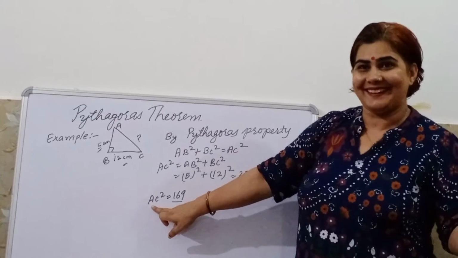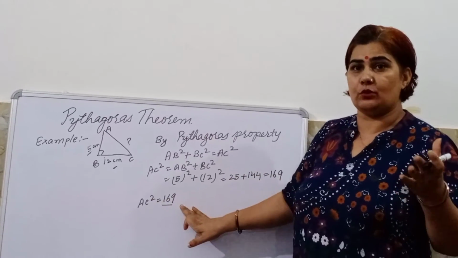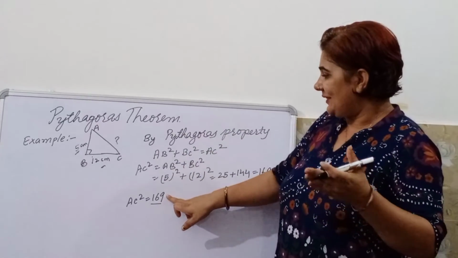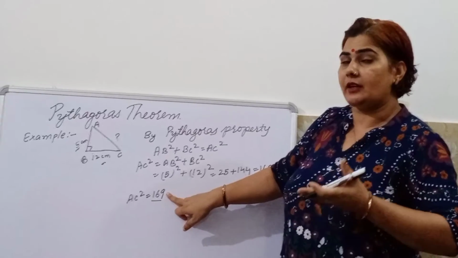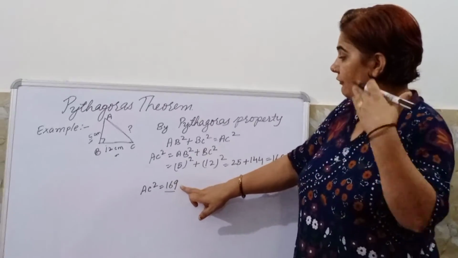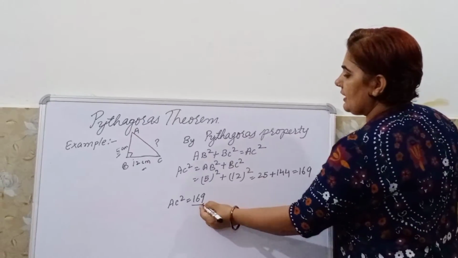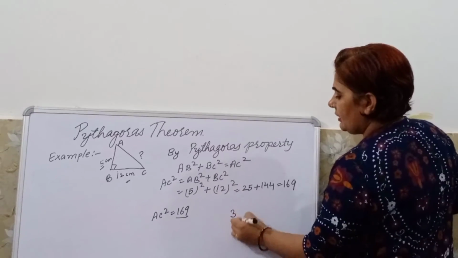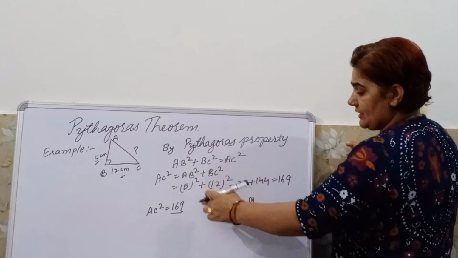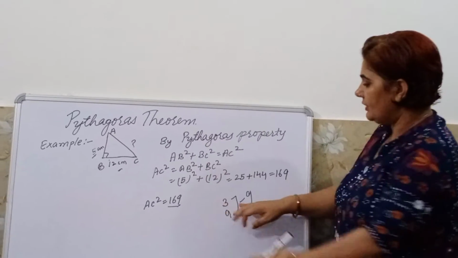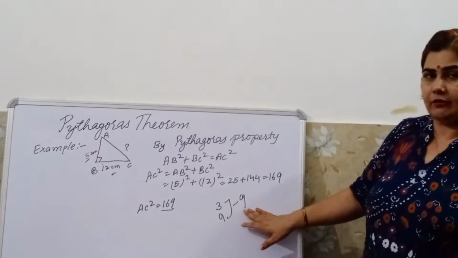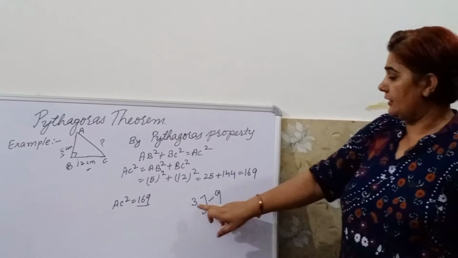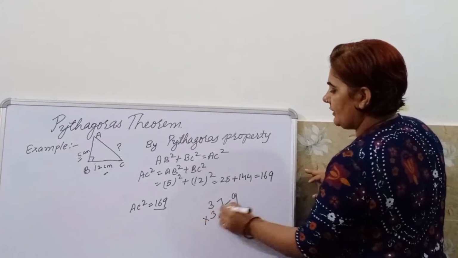But we have to remove this power, so that we only have AC. So what we will do, we will do the prime factorization, or simply we can find out this is the square of which number. Suppose this has 9 at the unit place, so only two digits can give 9 at the unit place, that is 3 and 9. If we multiply 9 by 9 we will not get it, but if we multiply 3 by 3 we will get 9.